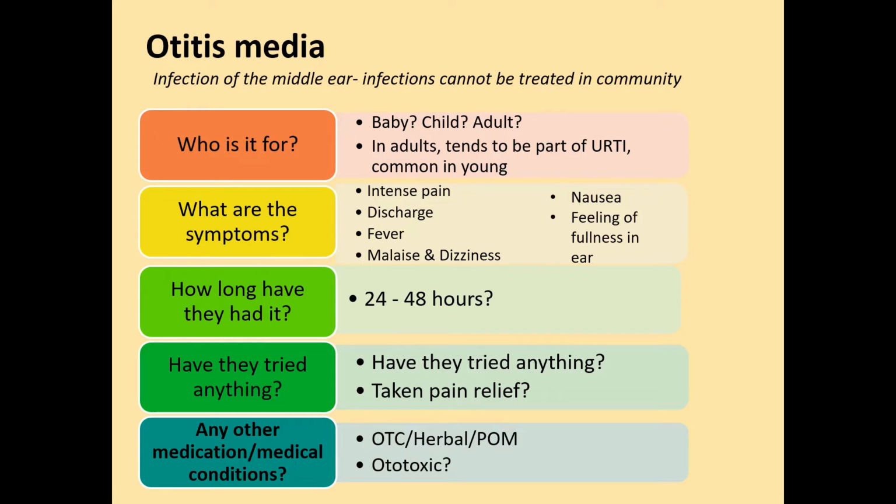We're also asking about if patients have tried anything. You may want to offer pain relief if they haven't already used something. And it's similar questions. Are they taking ototoxic medication? Is there a history of excessive earwax? That kind of thing. So treatment options, as I mentioned before, in any age of patient, you would need to refer if you suspect otitis media.